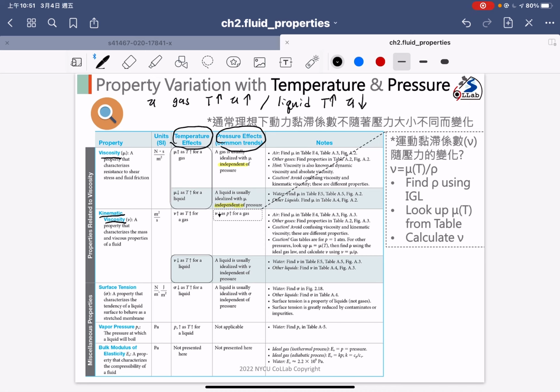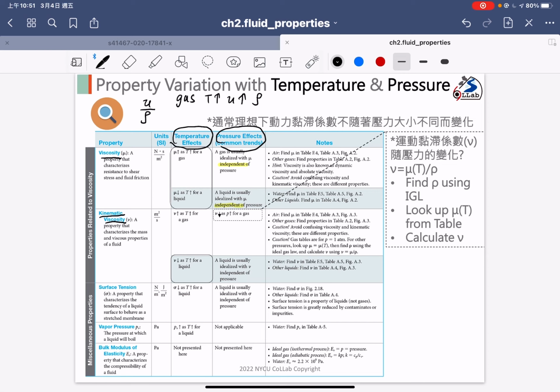The kinematic viscosity, as I mentioned, is defined by the mu divided by the rho, right? This is for the kinematic viscosities. So for the gas, we already know when the temperature increases, the mu will increase, right? But for the gas, we know when the temperature increases, the rho will decrease, right?